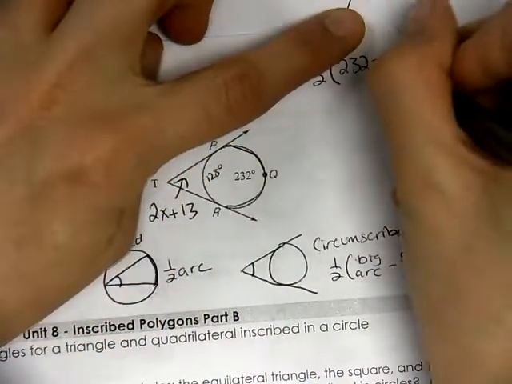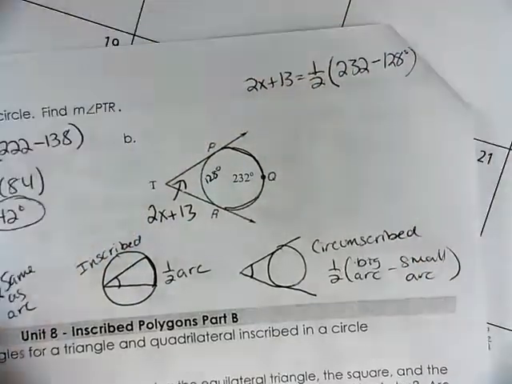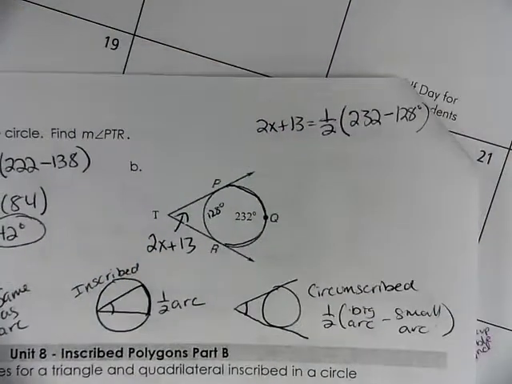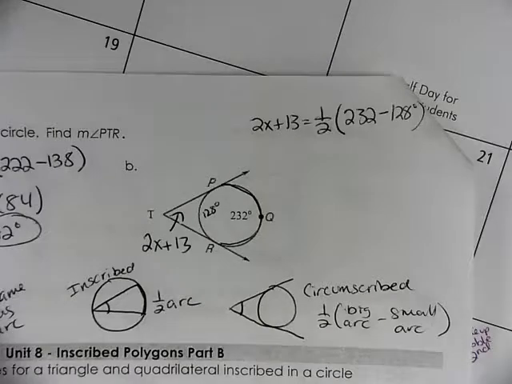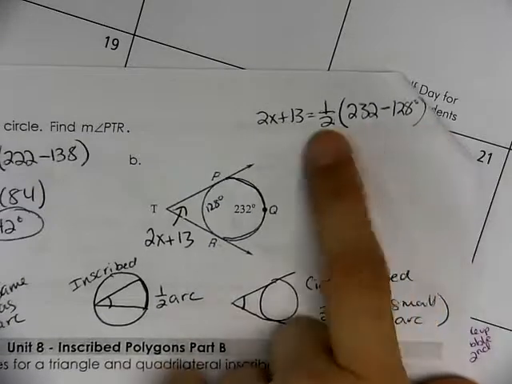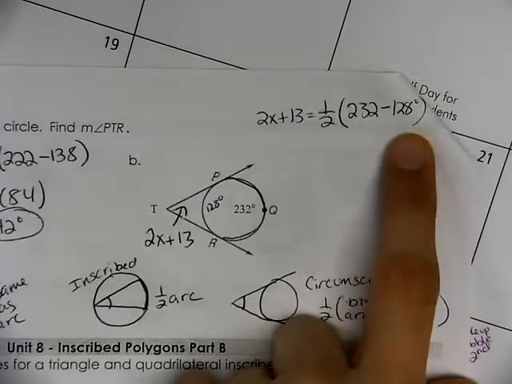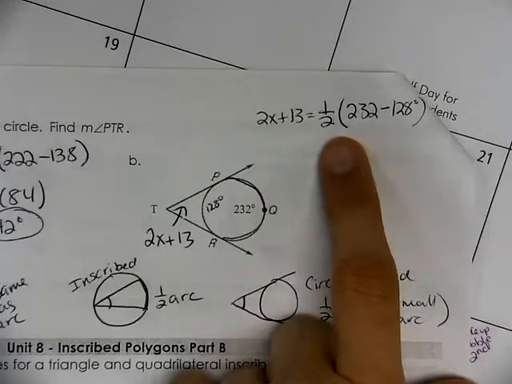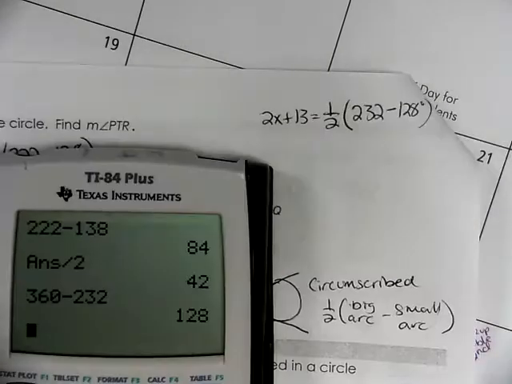So I just get that by subtracting from 360. So you can go ahead and find what the angle should equal. Go ahead and just do the math. 232 minus 128.